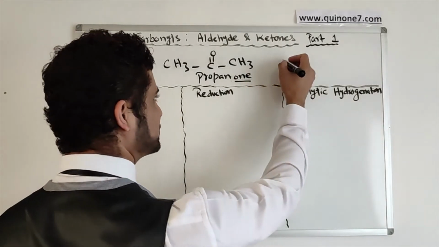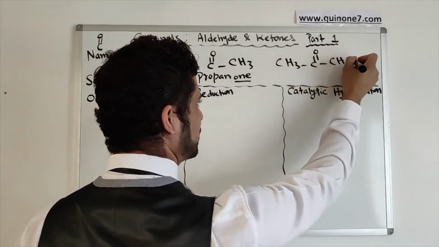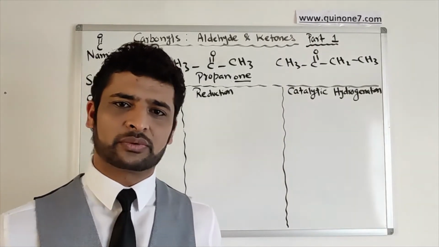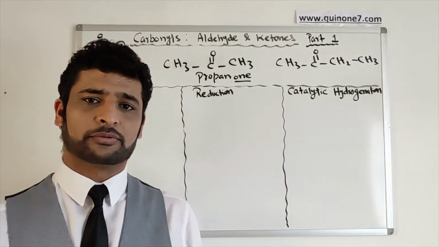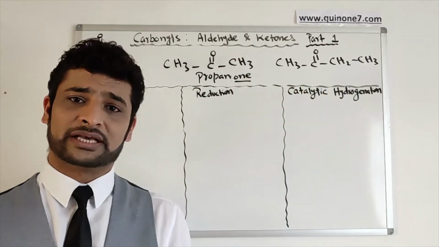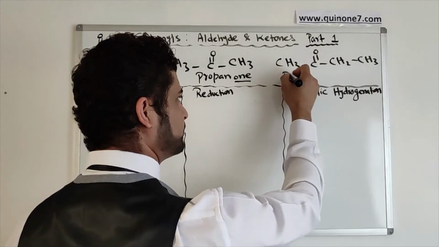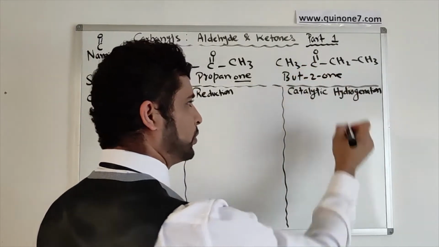If you would like to see another example of a ketone, now propanone, in either way, you don't have to write down the position of the carbonyl group, but for butanone, yes, you do have to write down the position of the carbonyl group. So but-2-one.